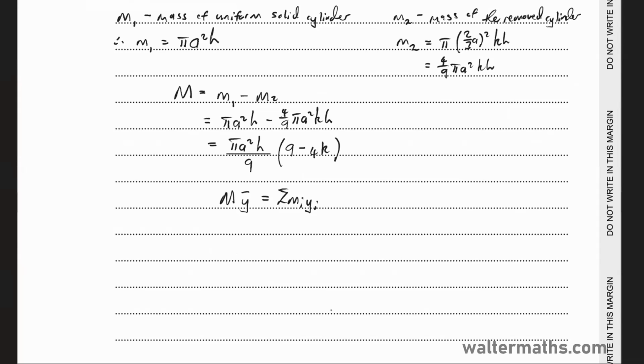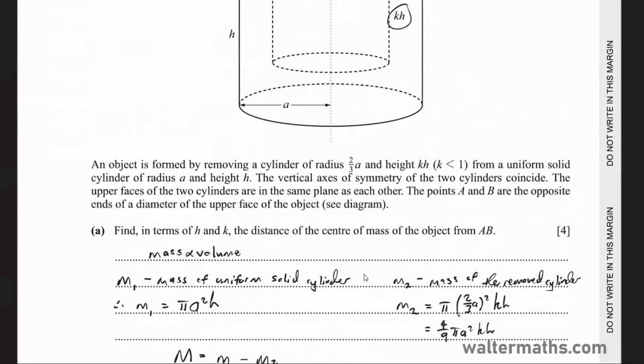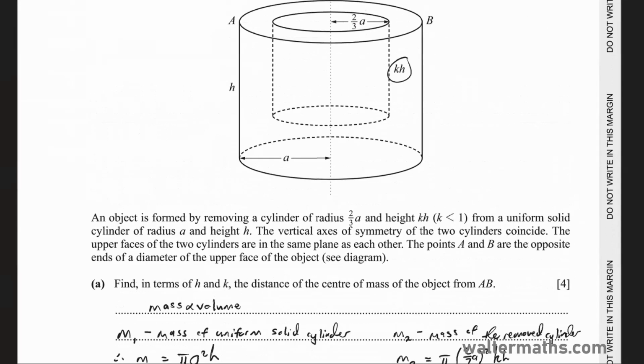So basically that's going to be pi a squared h over 9 of (9 minus 4k) times y bar is equal to the sum of m i y i, starting with M1. M1 is pi a squared h times the distance of its center of mass from AB. Remember, it's relative to AB. All right. So this is AB.